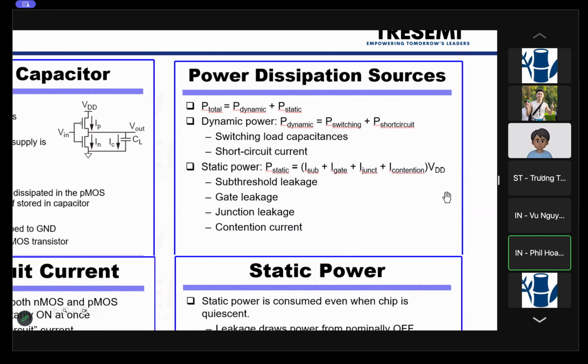So thank you, Vu. I want to add to that. Leakage power is the most important thing in wireless. If you have an iPhone, a cellular phone, this is the thing that drains your battery.